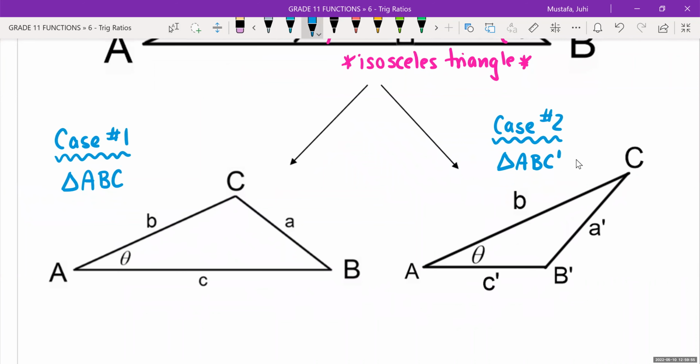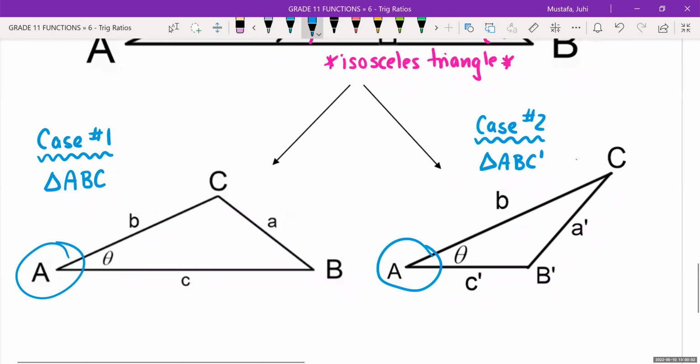So look, if this is angle A, it remains angle A. Nothing changes, right? We're not touching that. Technically, if this is angle C, there's a little mistake on this. We should call this C prime because it's actually not going to be the same as angle C. It's going to have a different measurement. So just change that C up there to C prime.